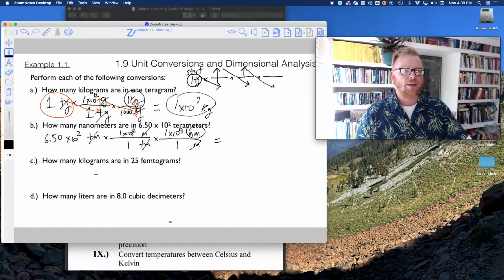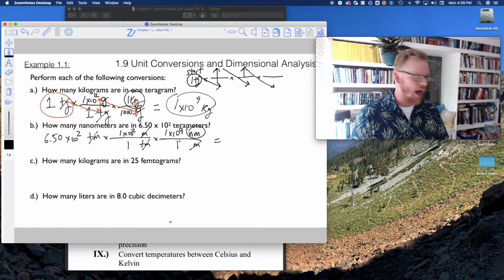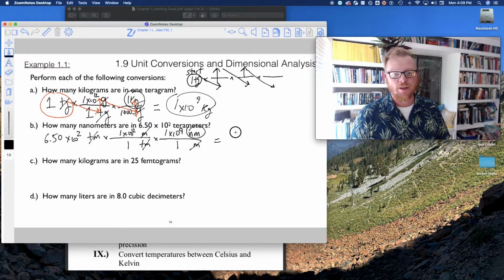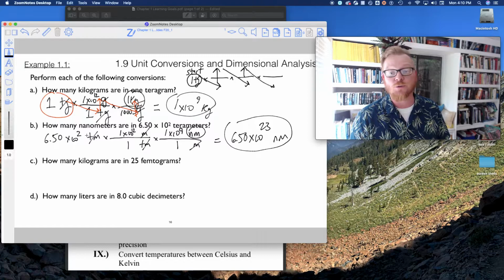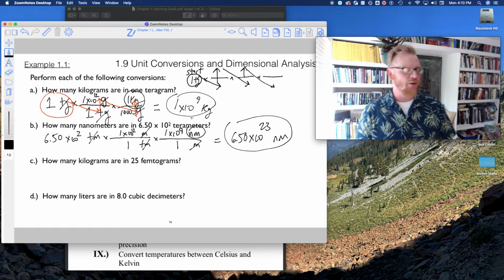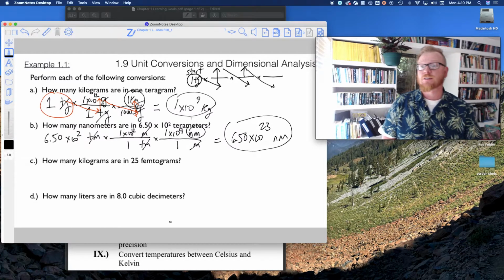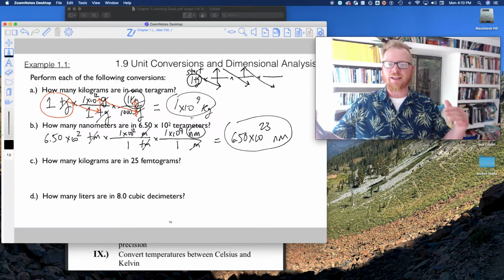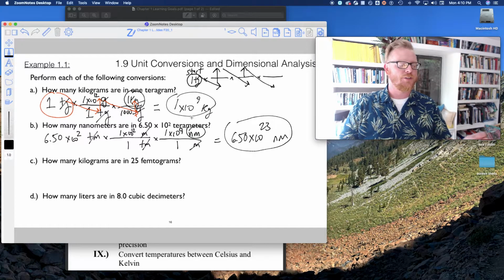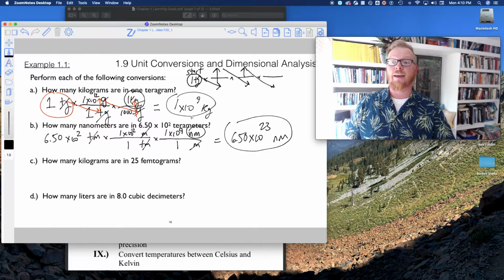So my math is 6.5 times 10 to the 2 times 1 times 10 to the 12 times 1 times 10 to the 9. That gives me a big number: 6.50 times 10 to the 23 nanometers. That makes sense because a nanometer is really small and a terameter is really big, so a really large number of nanometers fit in a terameter.